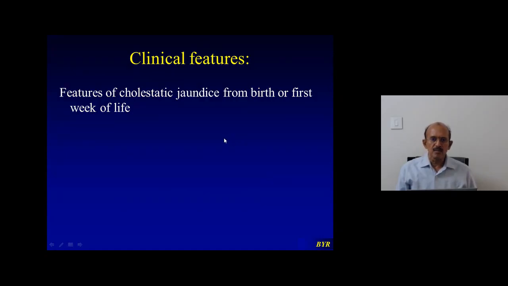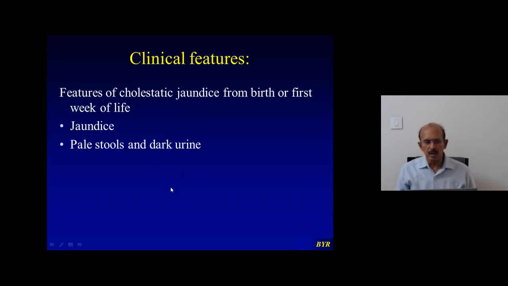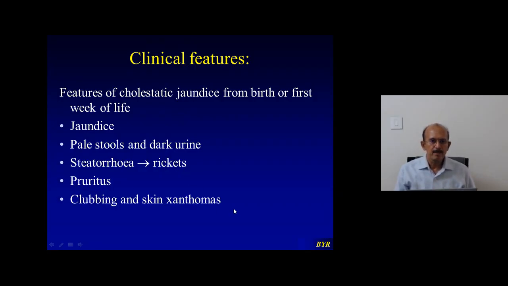Clinical features are features of cholestatic jaundice from birth or the first week of life. There is jaundice, pale stools and dark urine, steatorrhea, which can lead to rickets in the child. There will be pruritus. Clubbing and skin xanthomas occur.